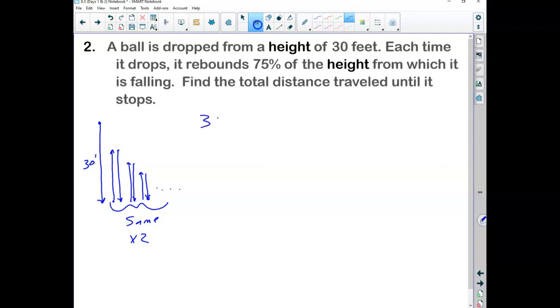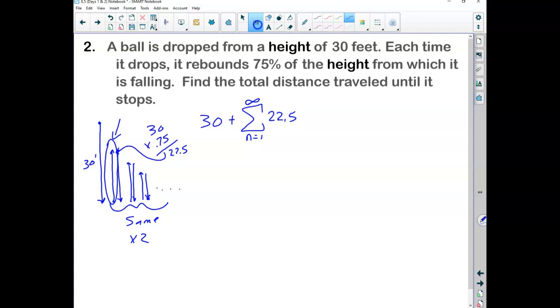So I'm thinking 30 plus my infinite sum from n equals 1 to infinity, because I don't know when it's stopping, but how far did it go up right there? Well, that's my 30 times my 0.75, right? So that first travel up right there, what was it? 22.5 feet.